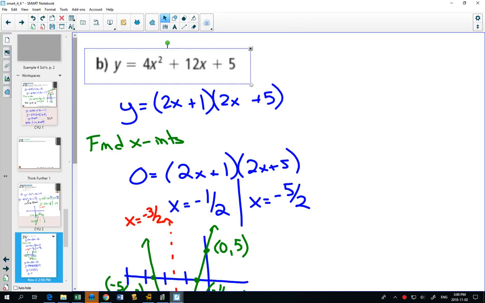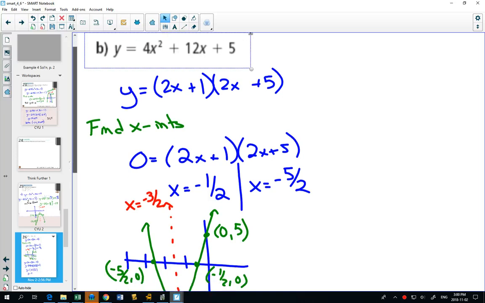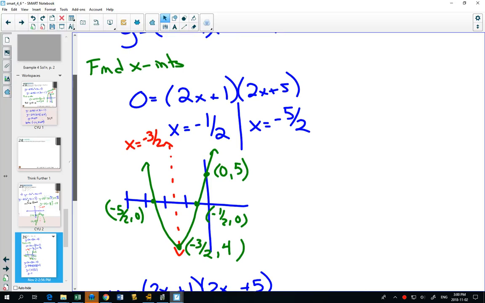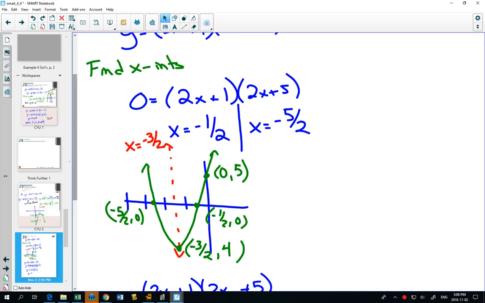If we use the factored form, we get 2 x-intercepts. We can always find our axis of symmetry right between them. Once you have your axis of symmetry, you know the x-coordinate of your vertex. And you can plug that x-coordinate of your vertex back into the equation to find out what the y value would be that goes with it.